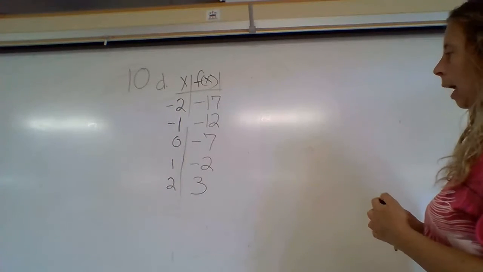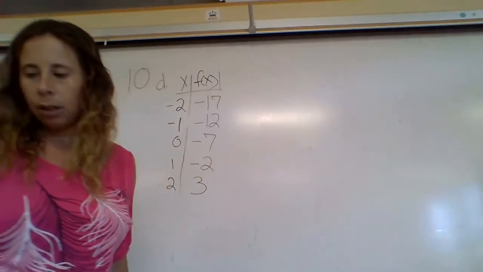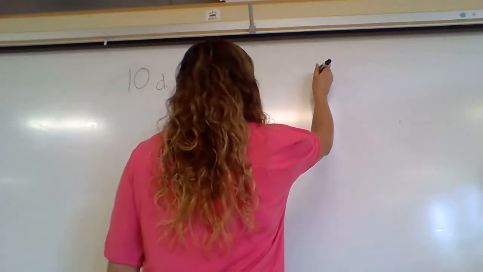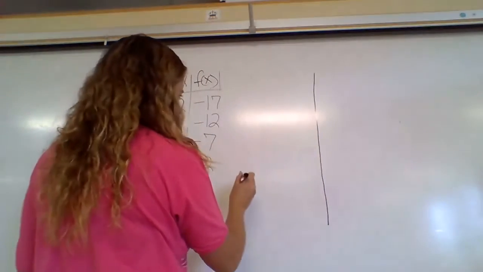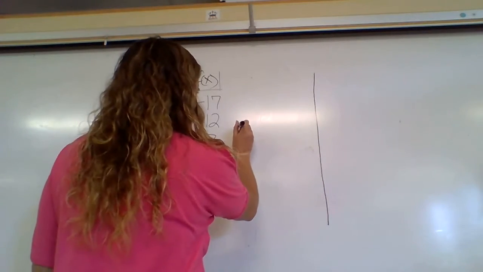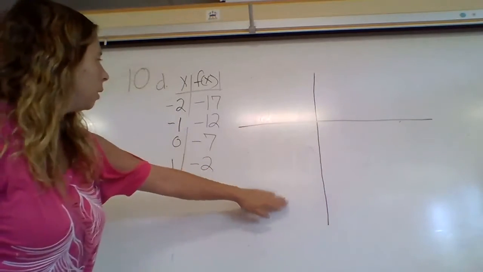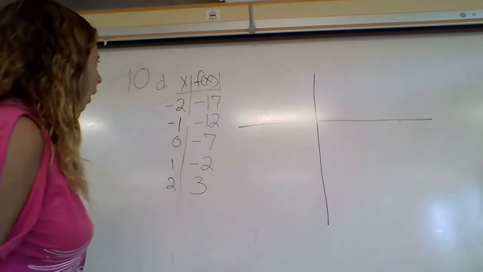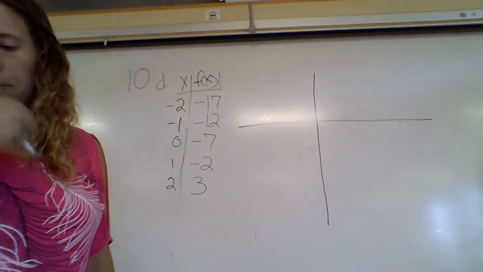So I have a lot of negative numbers, more negative y's than positive y's, which is why I didn't draw the axes evenly. And then I have to get all the way down to negative 17.